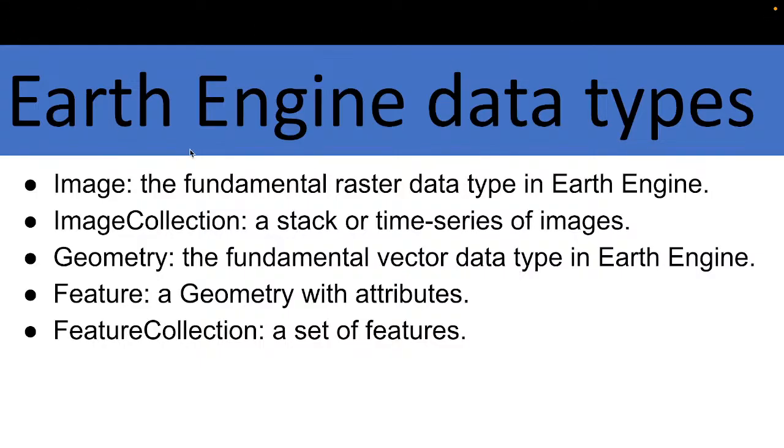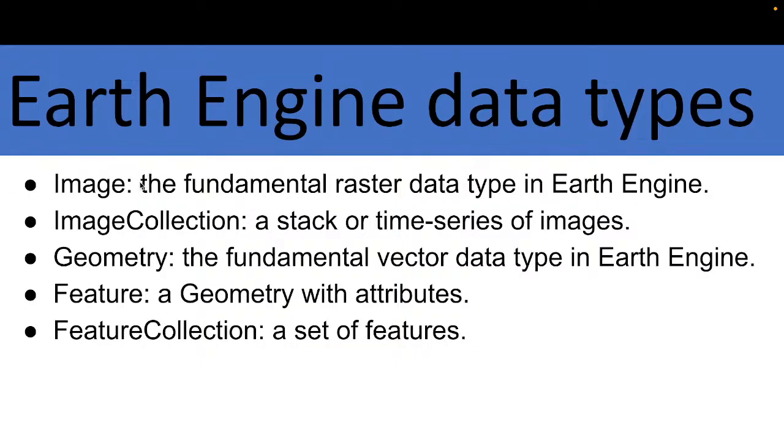But in the Earth Engine platform we find a total of 5 types of geospatial data. The first type is the image. Image is one kind of data type in Google Earth Engine, the fundamental raster data type in Earth Engine.